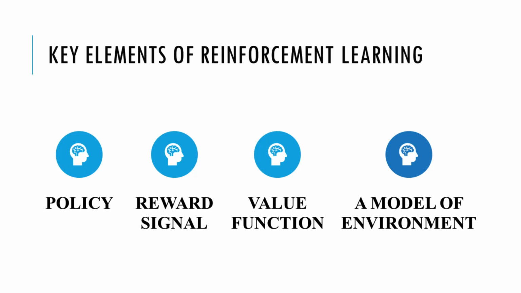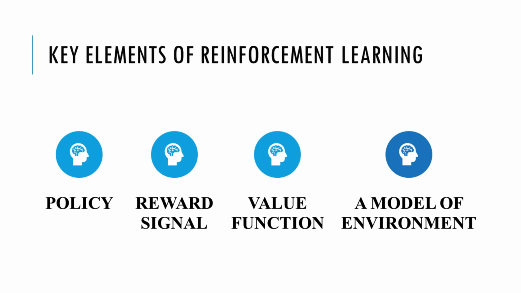Action choices are made based on value judgments. But it is much harder to determine values than it is to determine rewards. Rewards are basically given directly by the environment, but values must be estimated and re-estimated from the sequences of observations an agent makes over its entire lifetime.